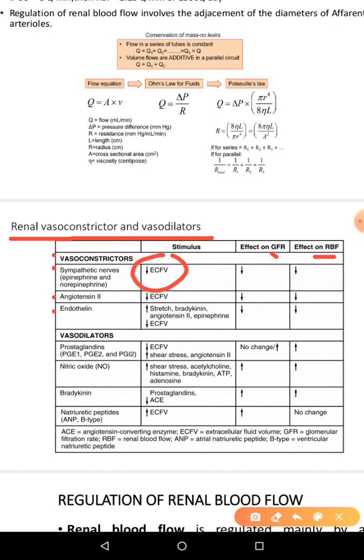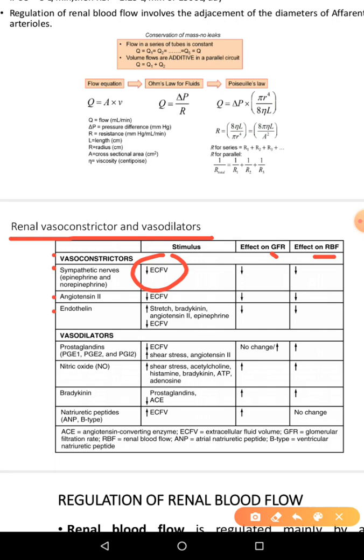Okay. And then we have endothelin. These are peptide vasoconstrictors released by the endothelium. You know, the endothelium is the layer within the blood vessels. So they release a chemical substance called endothelin.